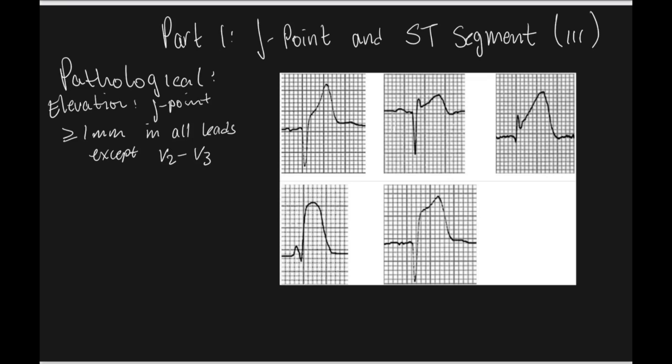Now in leads V2 and V3, it gets broken up by gender and age. But thankfully just by gender for women. So in women, it needs to be greater than or equal to 1.5 millimeters in the V2, V3 leads to be considered STEMI criteria.